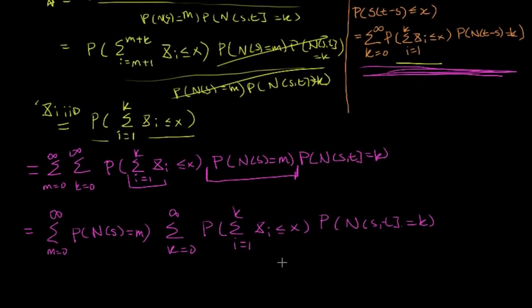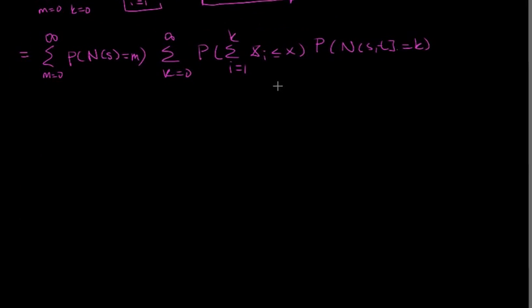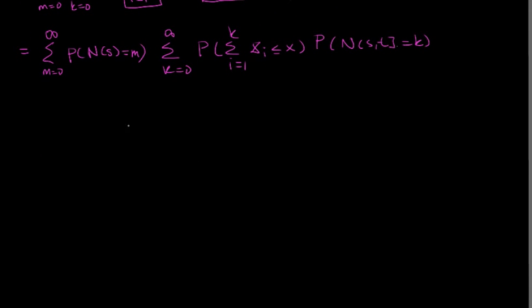So what we have now is just a sum of the point probabilities in a Poisson distribution for all the outcomes that you can have. And this sum is equal to 1. So this cancels out.